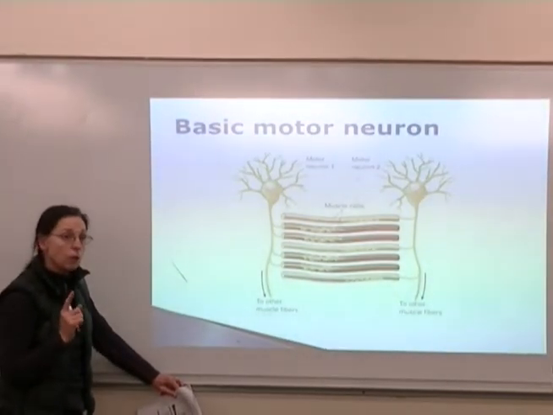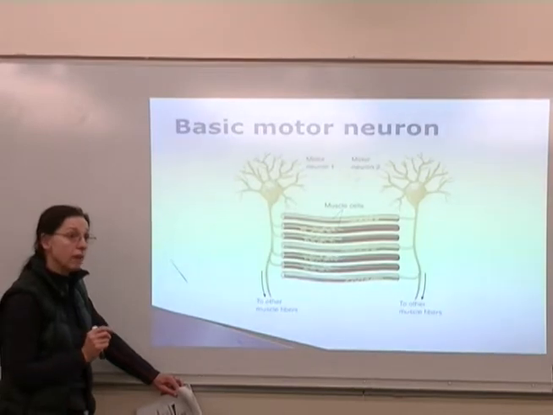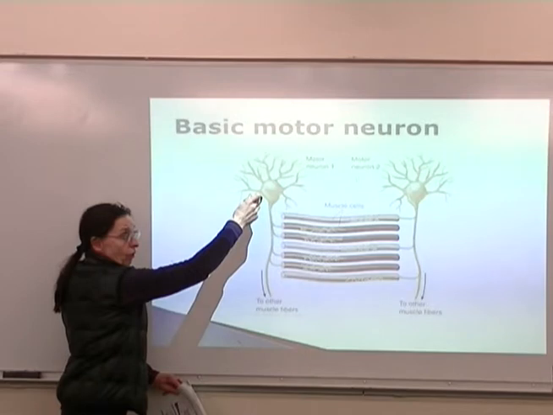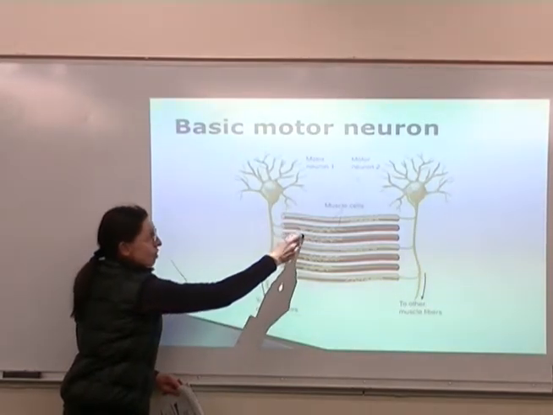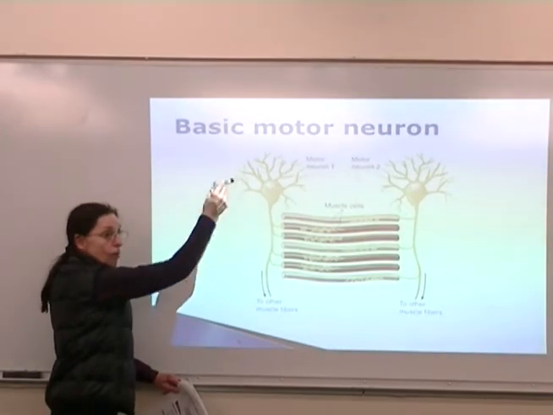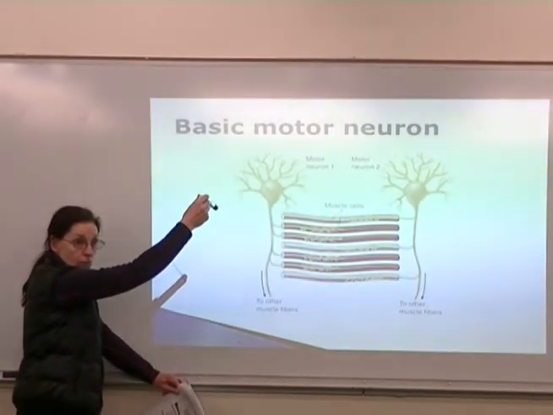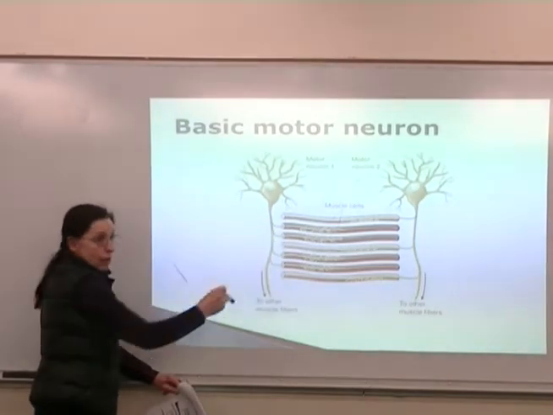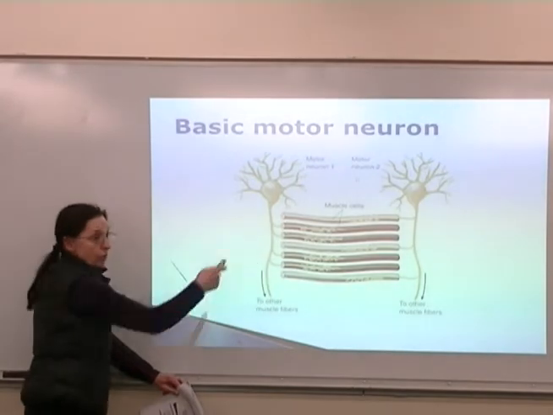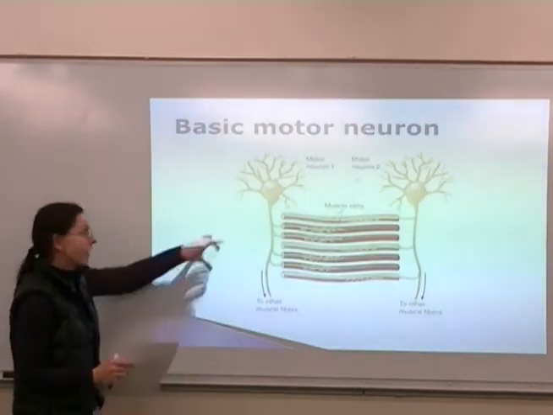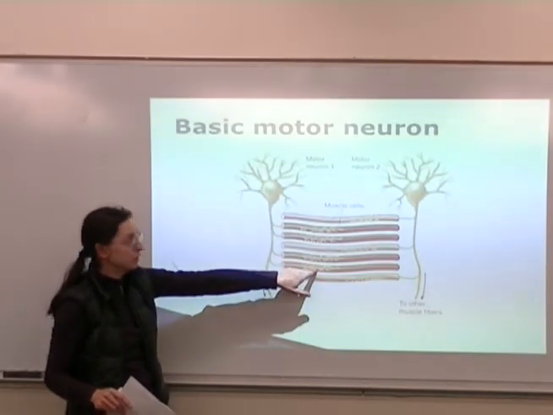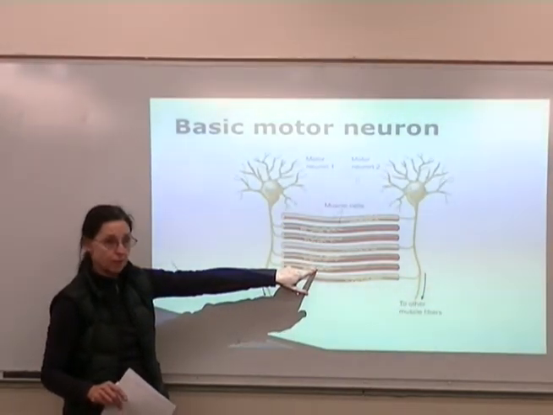So the other thing you want to pay close attention to when you look at this diagram is the type 1 neuron attaches to type 1 fibers. If I turn that neuron on, all those fibers contract. Or none of them contract because the signal's not strong enough. Right? I can't turn it on and say I'm only going to turn on this fiber and this fiber. That doesn't happen.